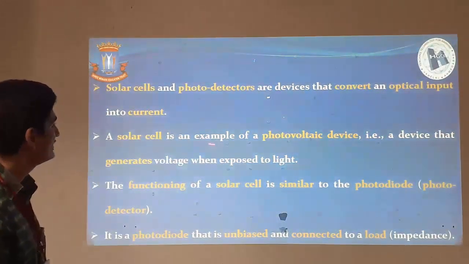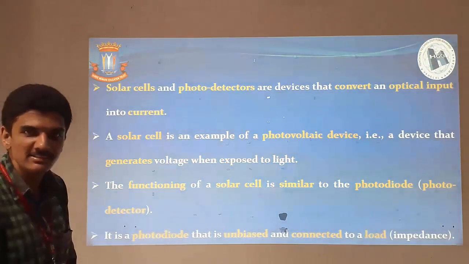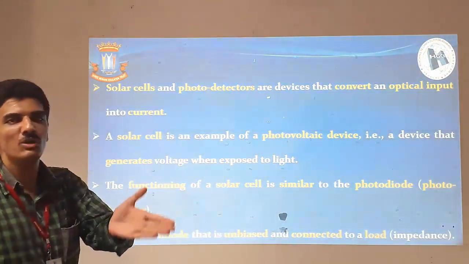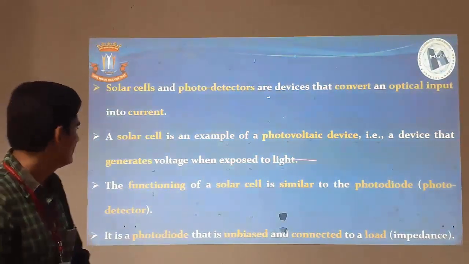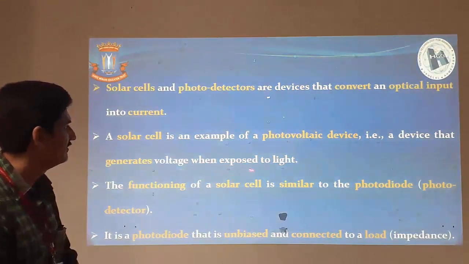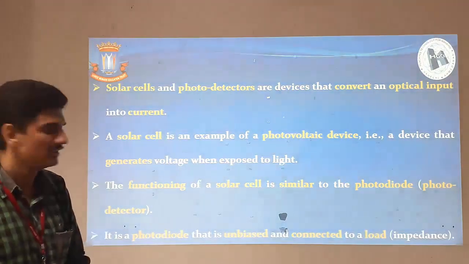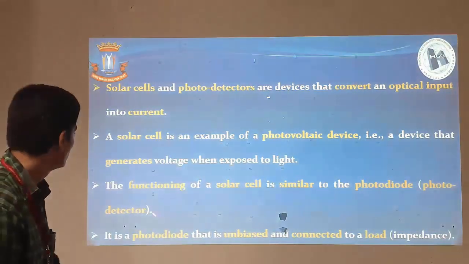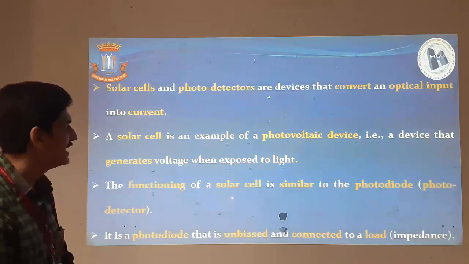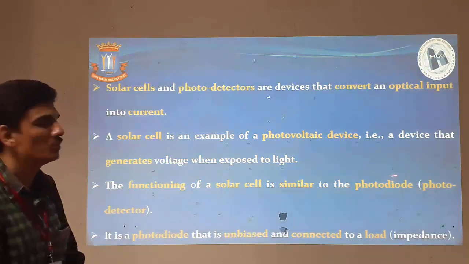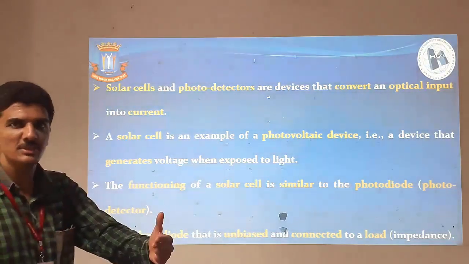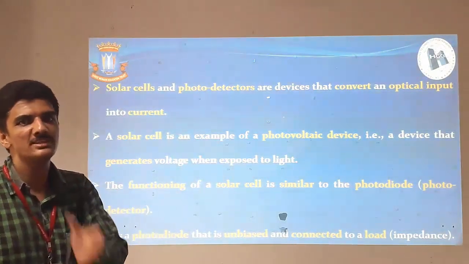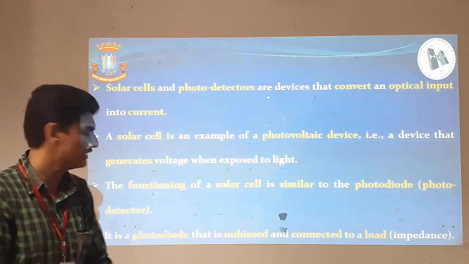A solar cell is an example of a photovoltaic device in which the photovoltaic effect phenomenon is present. That is a device that generates voltage when exposed to light, that I have already discussed. The functioning of a solar cell is similar to the photodiode, that is a photodetector. The working is similar, but the applications are different things.